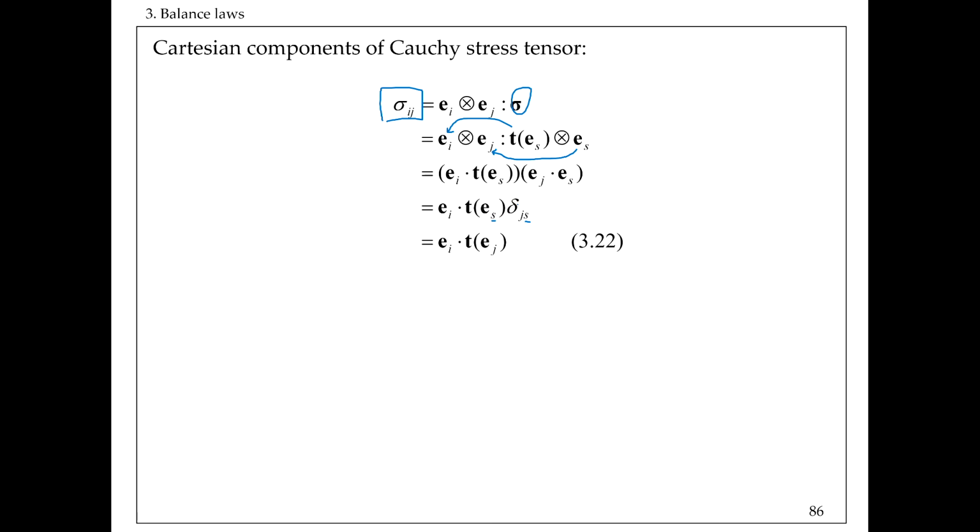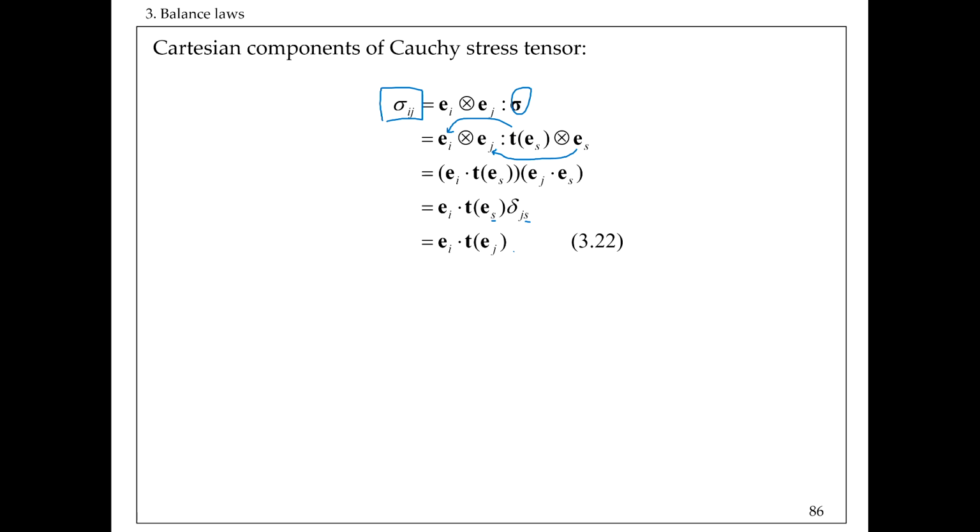We remember that the action of delta is such that we can just substitute the indexes, so that S is just replaced by the second index of the Kronecker delta.